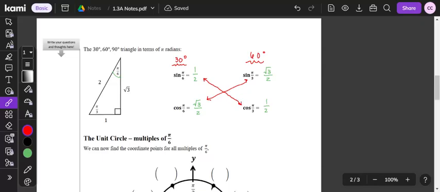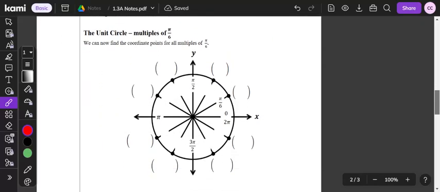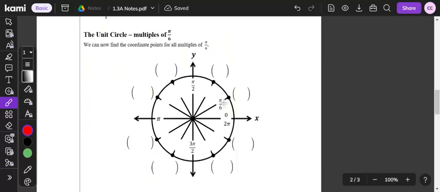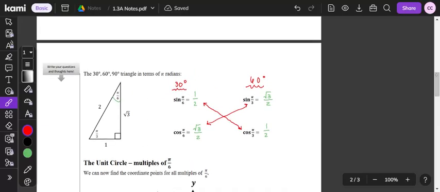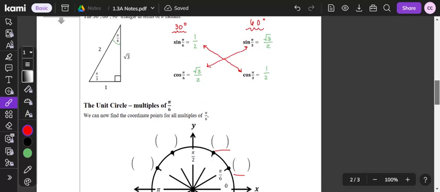And what that tells you on the unit circle is that every time we switch back and forth from 30 degrees right here to 60 degrees right here, the coordinates are just going to switch spots. Okay? So once again, starting at pi over 6, I know my cosine, my x-coordinate, is root 3 over 2, and my y-coordinate is 1/2.